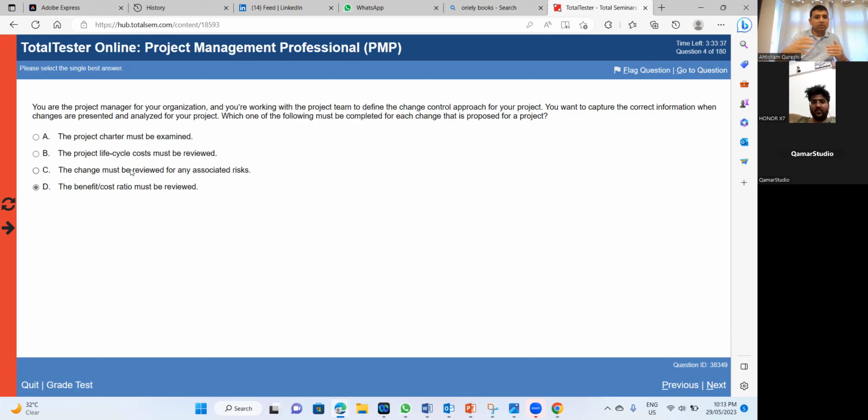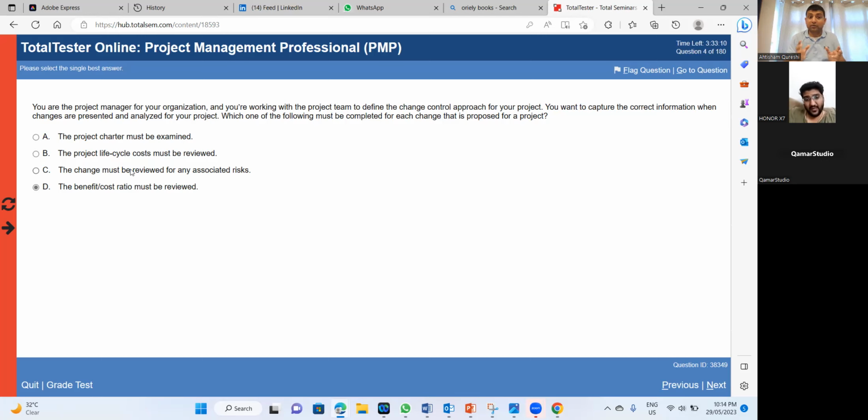And throughout your project, you will incur indirect costs in terms of the office rental and associated costs, right? So now this change will have an impact throughout the life cycle of the project. So you have to review your project life cycle cost after adding this change.